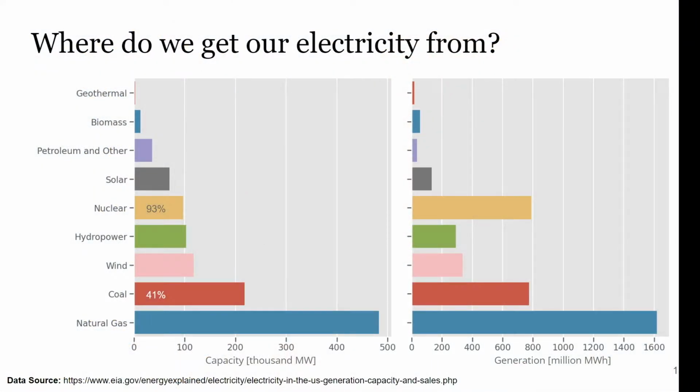Prevalent renewable resources like solar and wind only operate around 22% of the time for solar and around 33% of the time for wind. That's largely due to availability. The sun doesn't shine at night and the wind doesn't blow all the time, so that limits how often they can run.